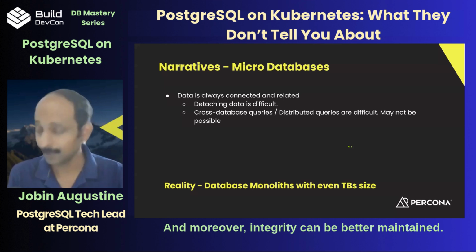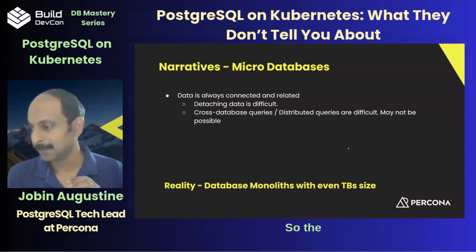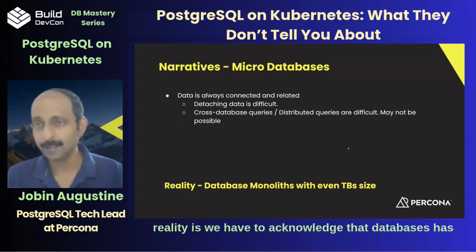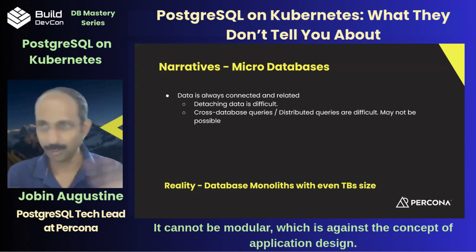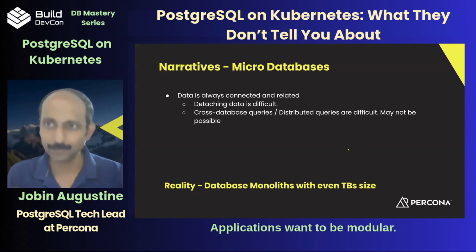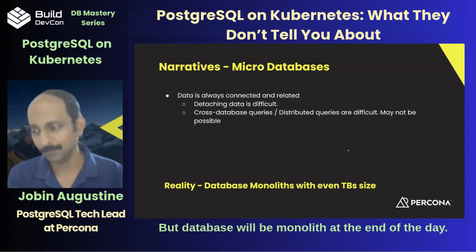Moreover, integrity can be better maintained. So the reality is we have to acknowledge that databases have a natural tendency to be monolith. It cannot be modular, which is against the concept of application design. Applications want to be modular, but the database will be monolith at the end of the day.